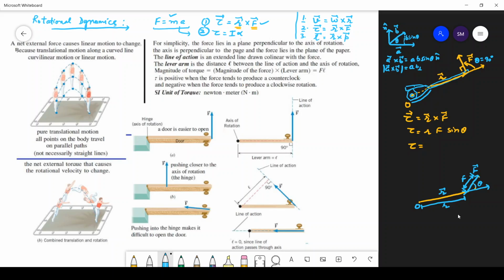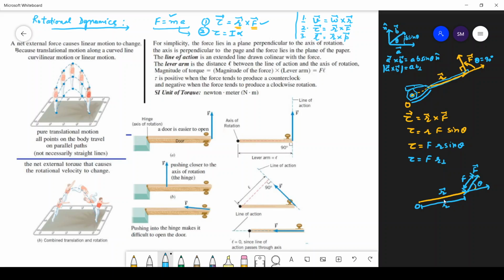Now let us see here. The formula will be tau equals F into R sine theta, and tau equals F into R perpendicular. Got it? So this R sine theta is perpendicular on F.